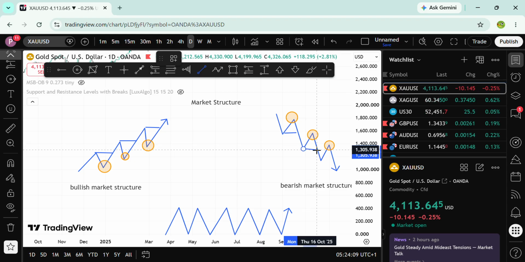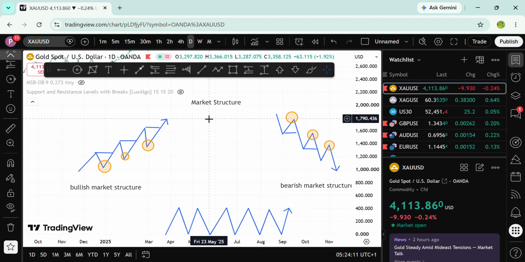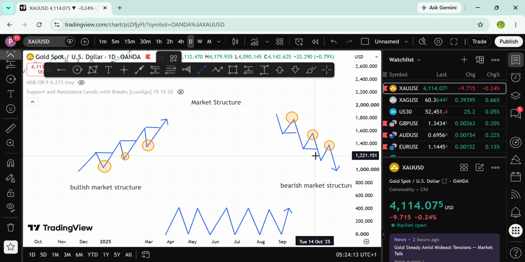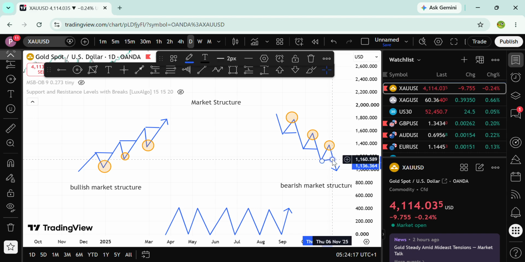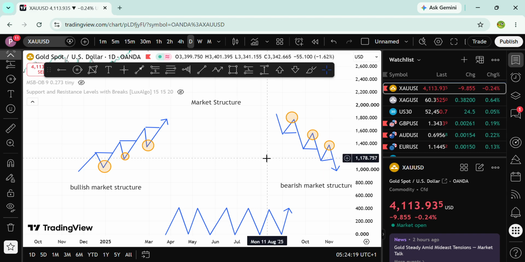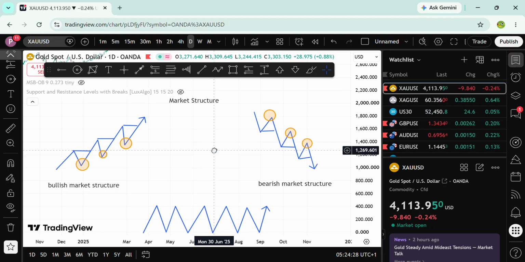That's why it's called bearish. It is on the bearish market structure that you'll be looking for a bearish opportunity. Do you hear me? On the bearish market structure, you'll be looking for bearish opportunities. On the bullish market structure, you'll be looking for bullish opportunities as well.